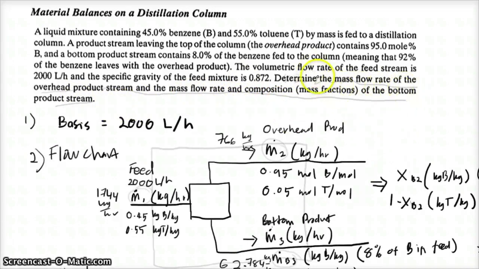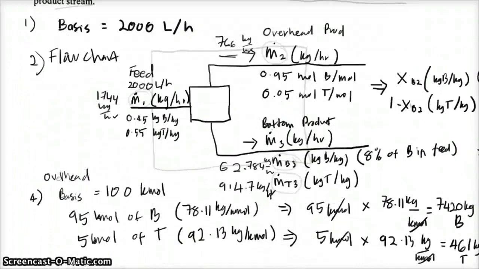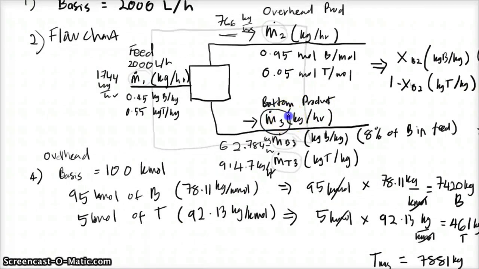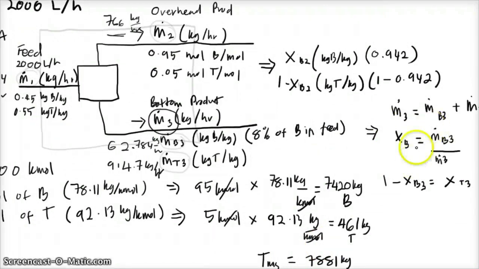So mass flow rate of the overhead product stream is M2, which is 766, and for the bottom product they want the M3 and the X values, XB3 and 1 minus XB3.